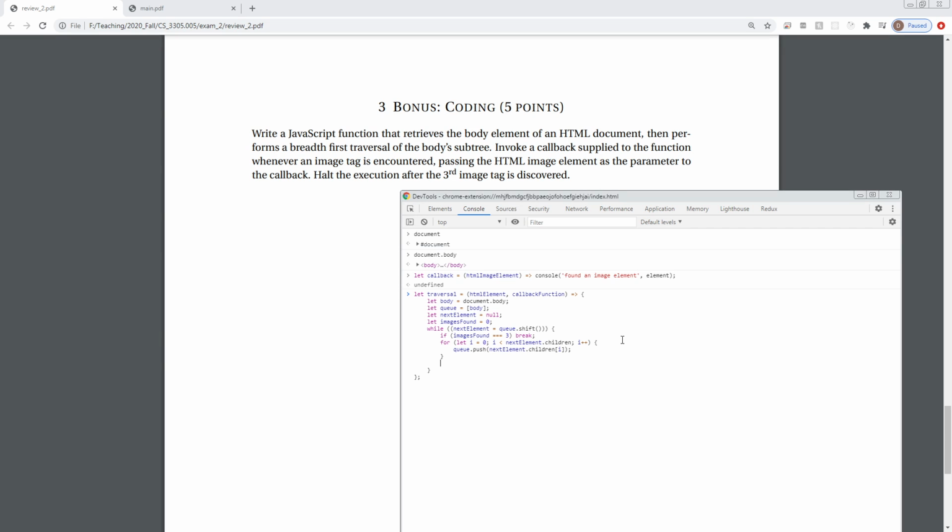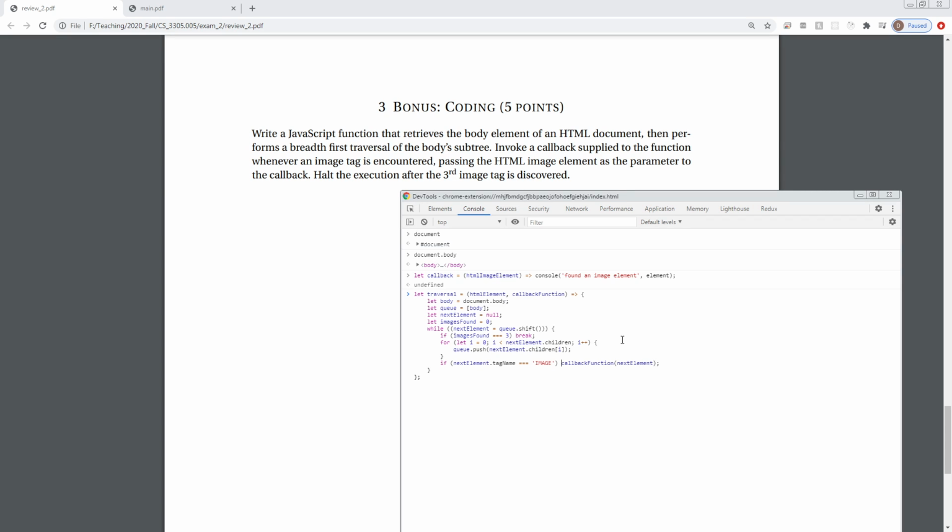We just push all the children, or enqueue them all to the end of the queue, and then we check to see whether or not our current element has a tag name of image, and if so, then we pass it to our callback function. And that's it.